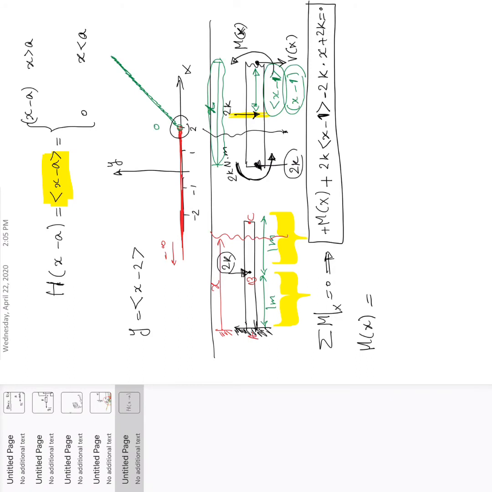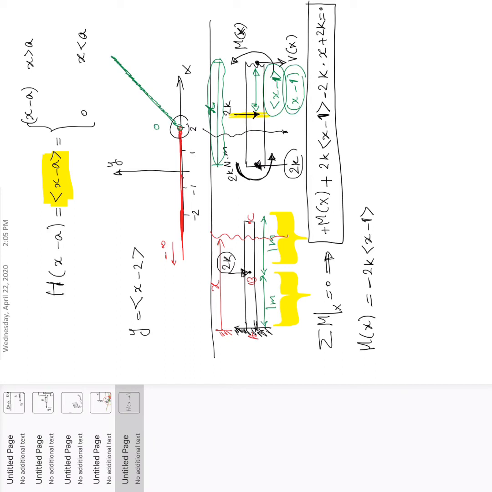Don't forget, this is just one line. If I wanted to use the old method, I had to have 2 different cuts and then 2 different relations, and like twice the work, right? So if I solve for Mx, I get Mx is equal to negative 2K times Heaviside x minus 1.